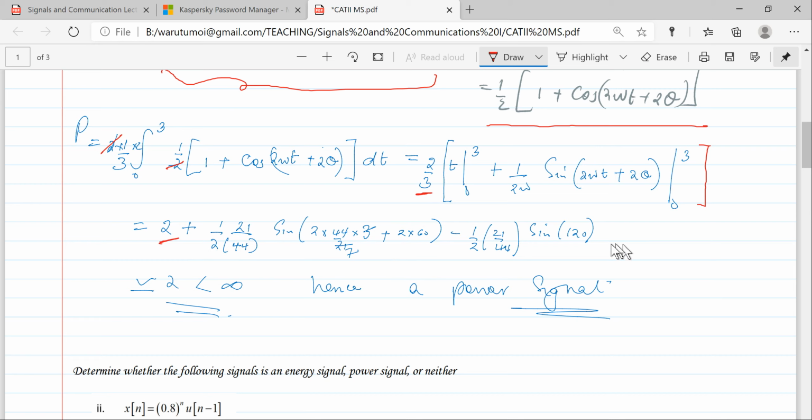So even without solving this to completion, we can see that our average power is less than infinity. Once we have done that, we can agree that our signal is a power signal and not an energy signal.